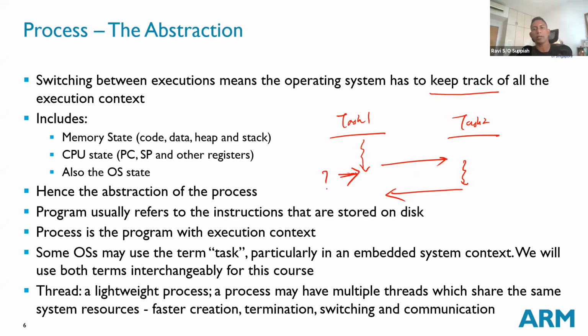What was I doing over here? What were the contents of the memory? What was the CPU state, the OS state, and so on? All of this information needs to be stored somewhere, and when I return, I should be able to continue from where I left off. So that is the idea of the process abstraction.